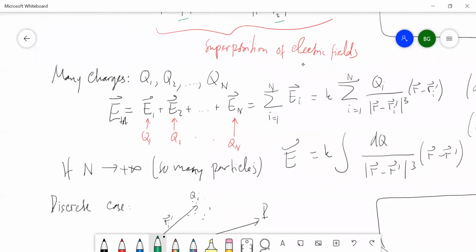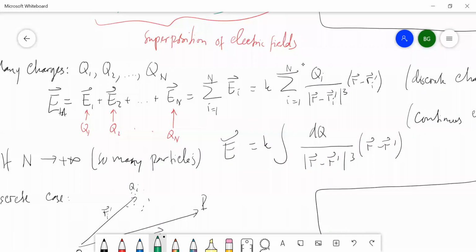If we have n charges, we just sum the electric field of each charge, and that becomes the total electric field of the system. So this is the form.